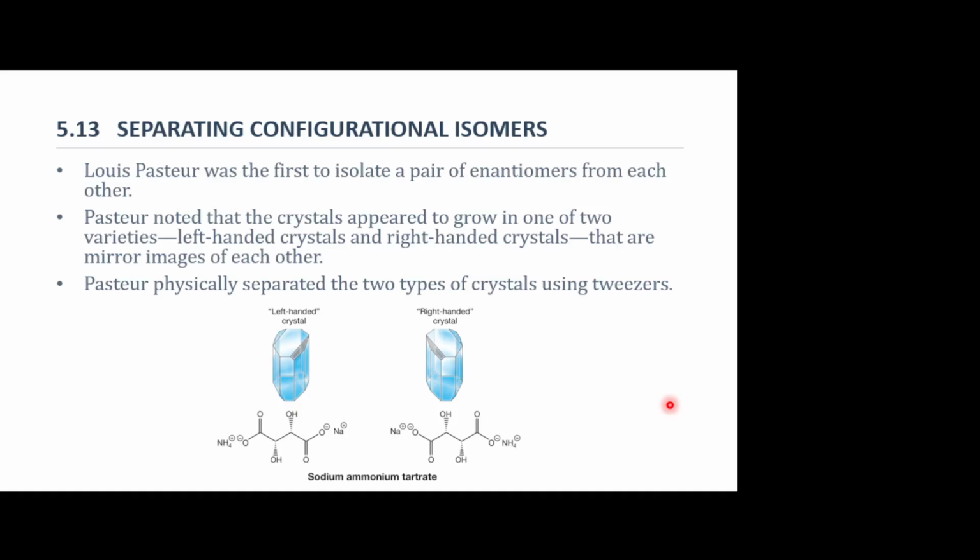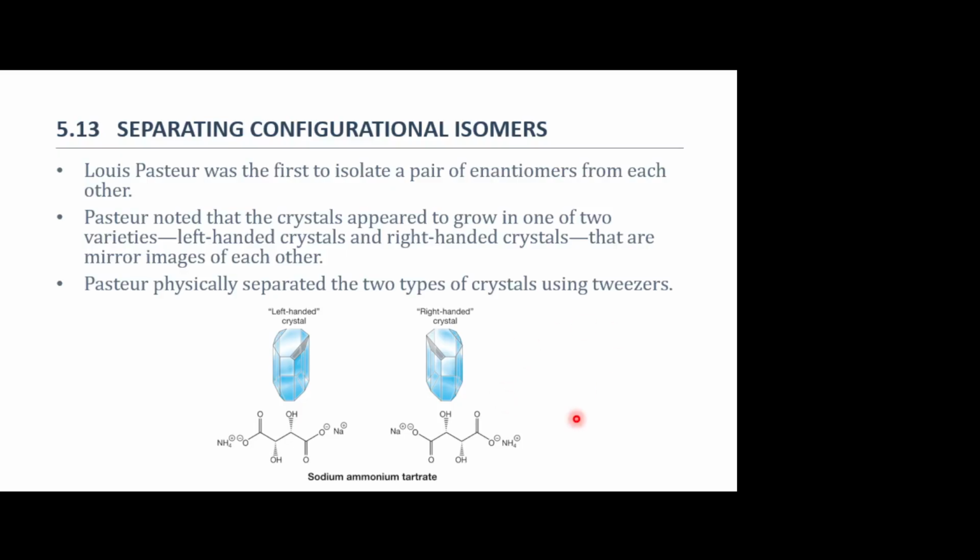So you can actually tell the difference between the two, and because they're crystallizing, they want a very, very set pattern where they're not moving around, right? And so they literally crystallize as different crystals with different orientations. You can take a microscope and tweezers, and you can quite literally pull these layers apart and separate your different enantiomers, which is kind of cool, right?